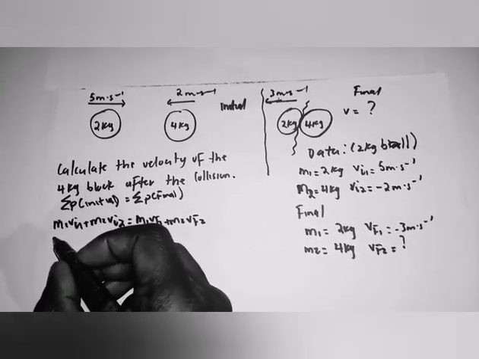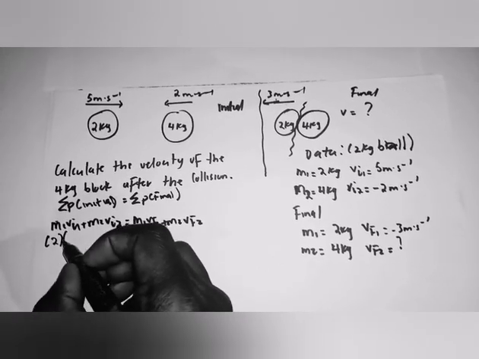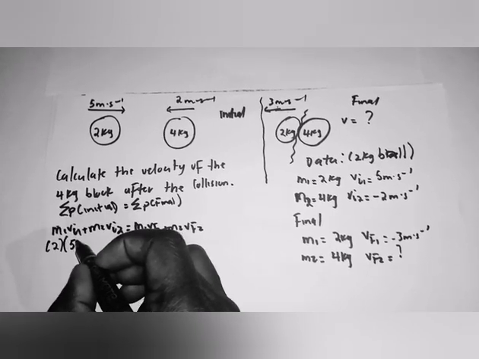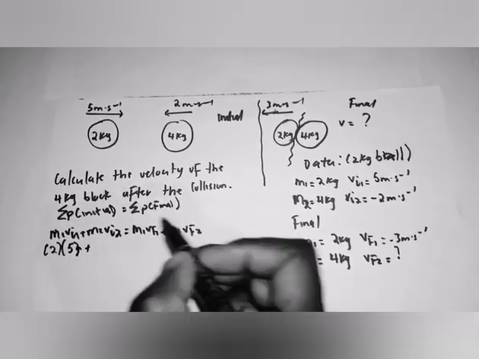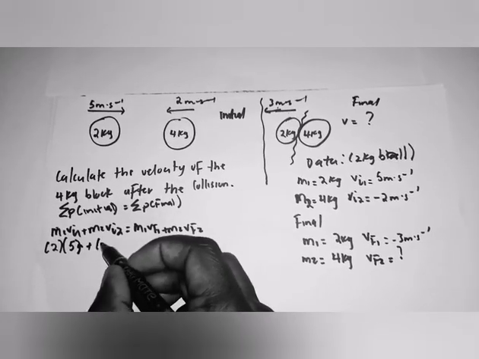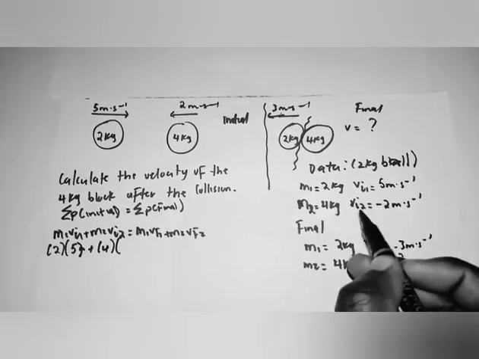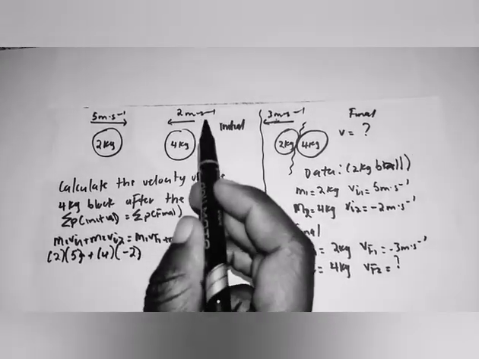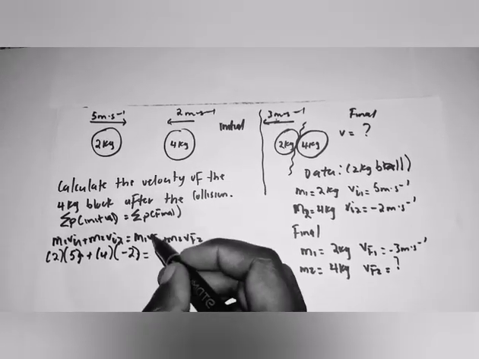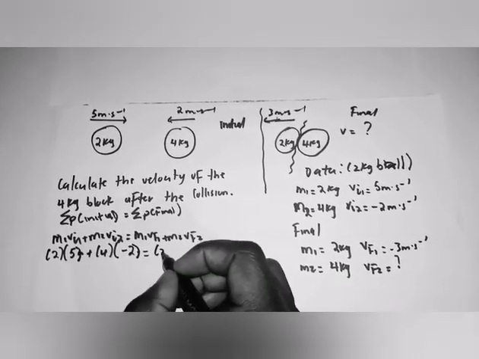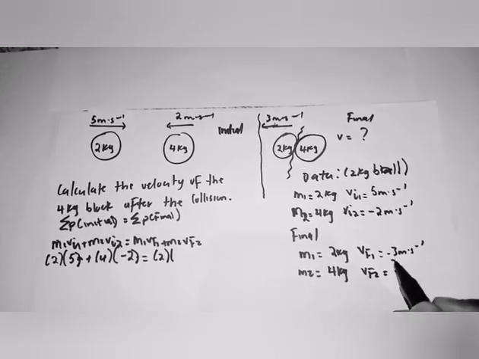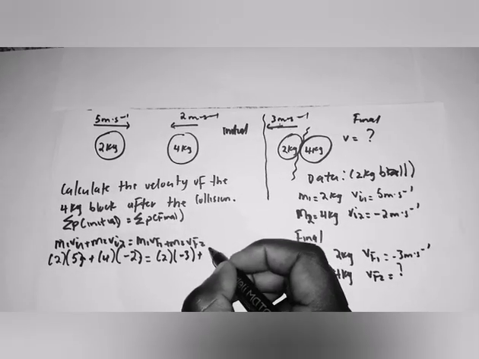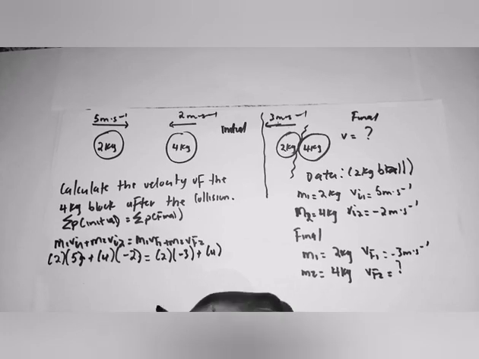When you are here, it's easy because you already collected your data. Just substitute m1, it is 2 kg, v initial of 1, it is 5 meters per second, plus mass 2, which is the 4 kg, vi2, it is negative 2 meters per second, equal to mass 1, which is 2 kg, vf1, we have that negative 3, plus mass 2, which is the 4 kg ball, and we don't have v2.